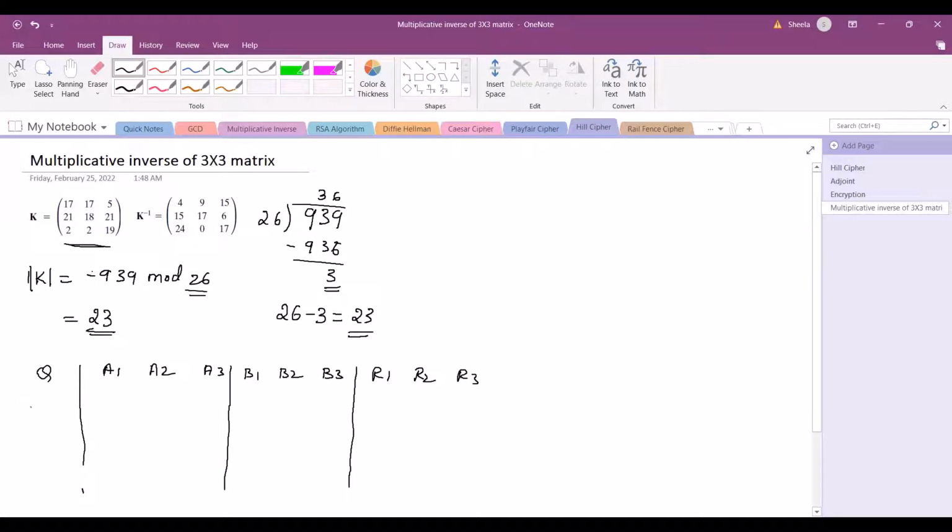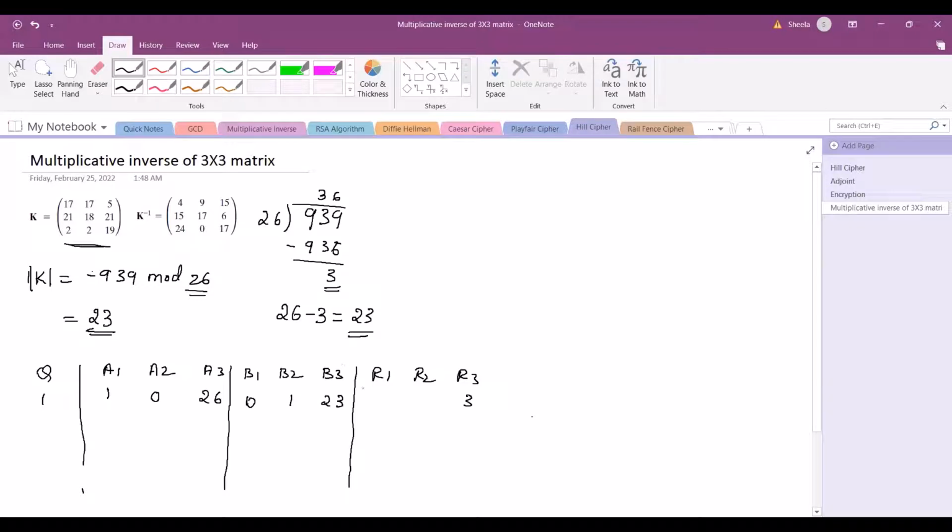Here A1 must be initialized to 1, A2 is 0, A3 is 26, that is the modulo, and B1 must be initialized to 0, B2 to 1, and B3 is the number for which I want to find the inverse. Then I need to perform 26 divided by 23 to find the quotient. The quotient is 1, and the remainder R3 is 3.